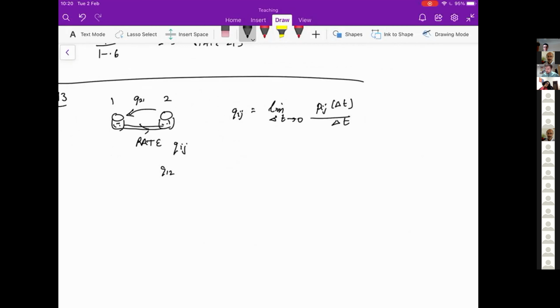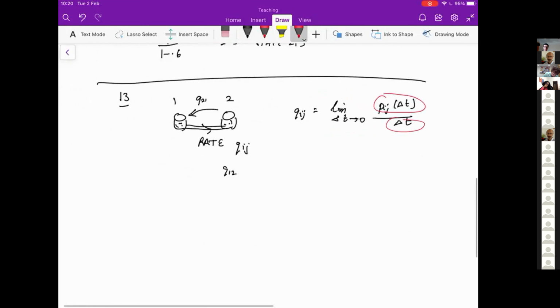That's Pij, how much mass I'm transferring, divided by the time period. And of course, that's the rate. That's the definition of velocity: if you remember how you compute velocity from distance, velocity is the rate of change of distance. Here, Qij is the rate of change of probability across these time periods.